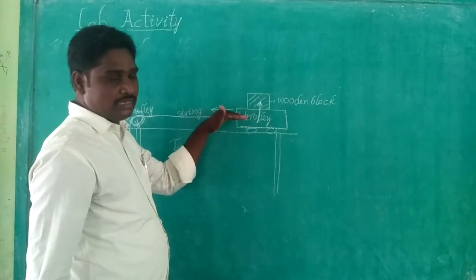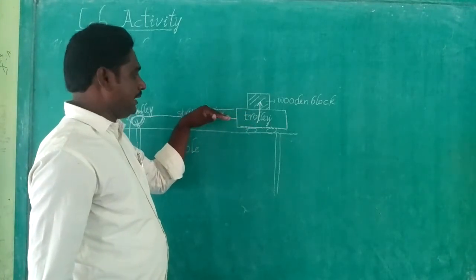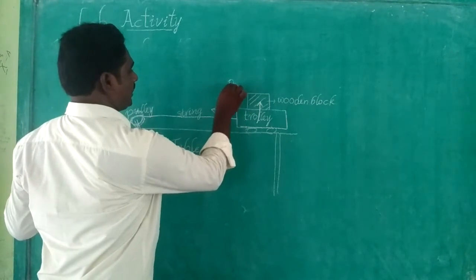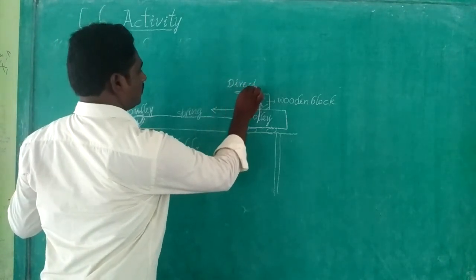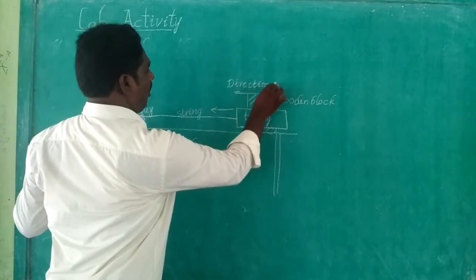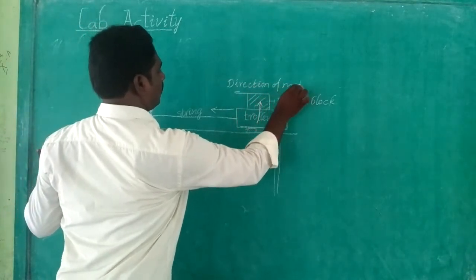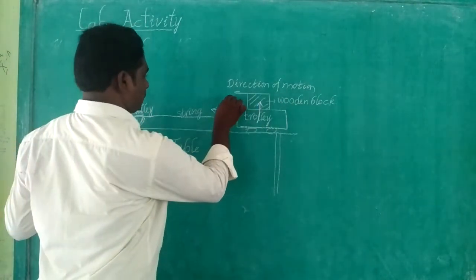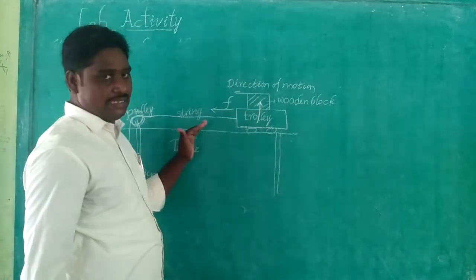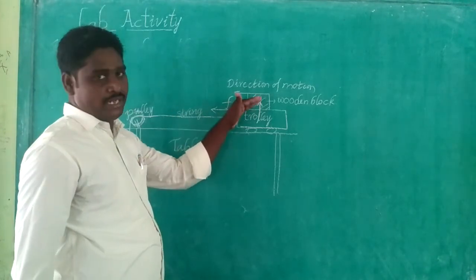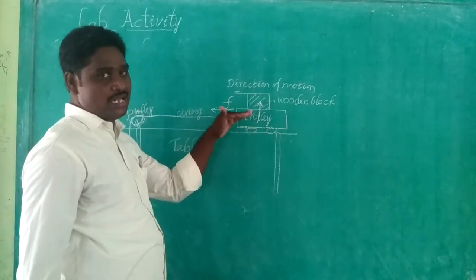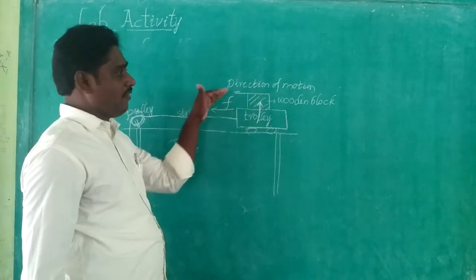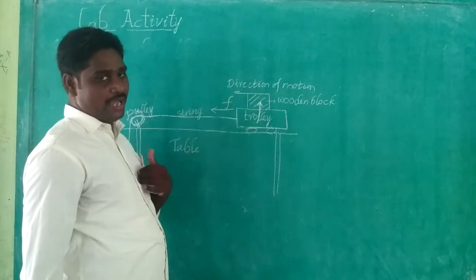This force of friction acts in the direction of motion of the wooden plank. The friction force acts on the wooden plank by the surface of the trolley, in the direction of the motion of the wooden plank.